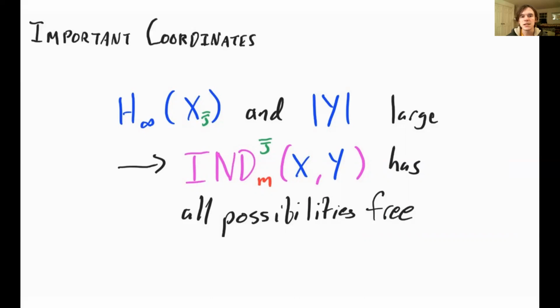And our central lemma says that if the min entropy of X is high on the unfixed coordinates bar J, and Y itself stays relatively large, then the index gadget has all possibilities available to it. And this isn't just that any unfixed coordinate has both 0 and 1, but rather all joint assignments to all of the unfixed coordinates are still available to us.